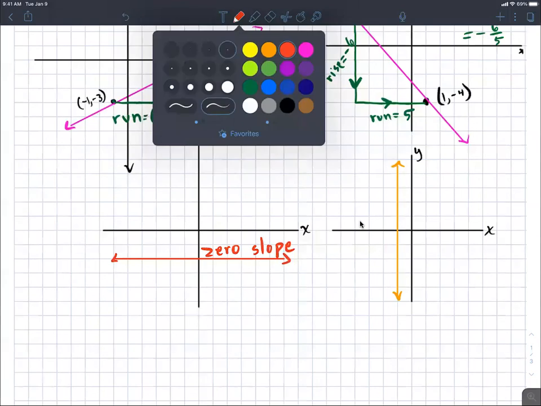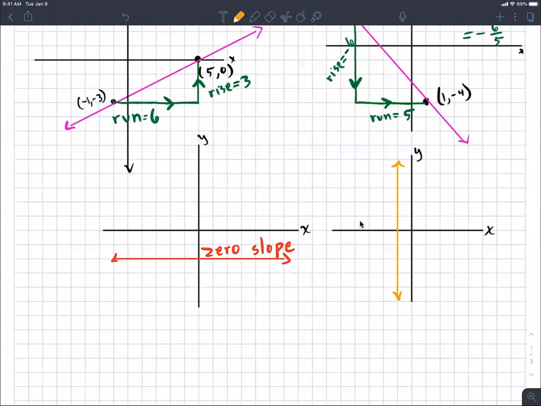But what about a vertical line? Well, we have a special name for this. It's called undefined. So the slope is undefined.